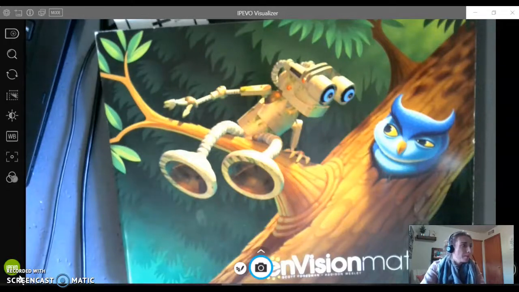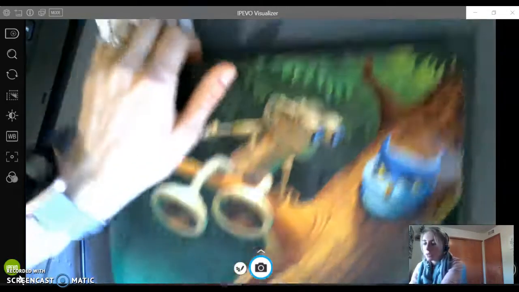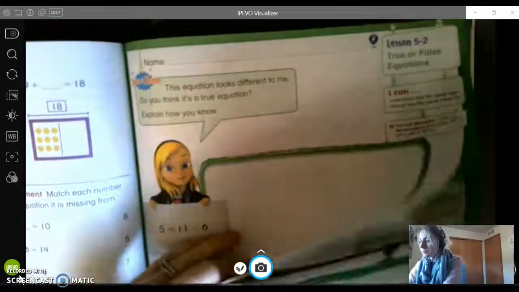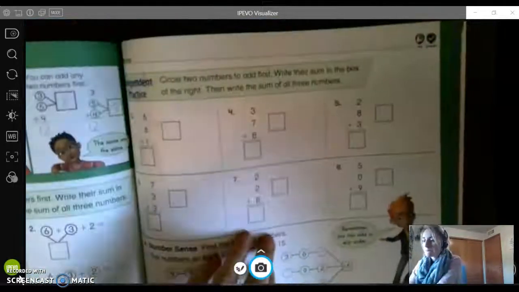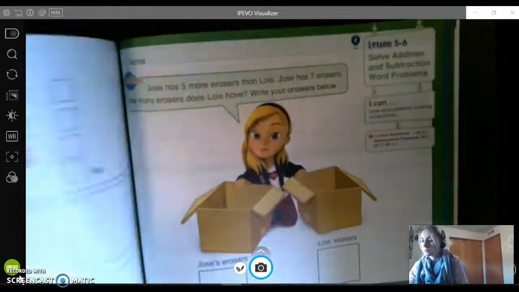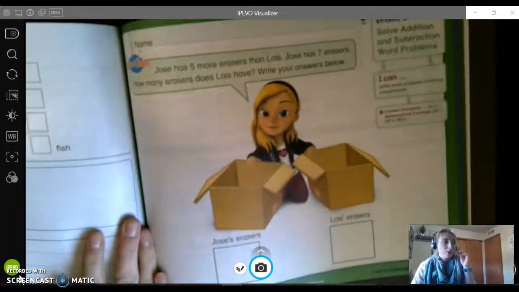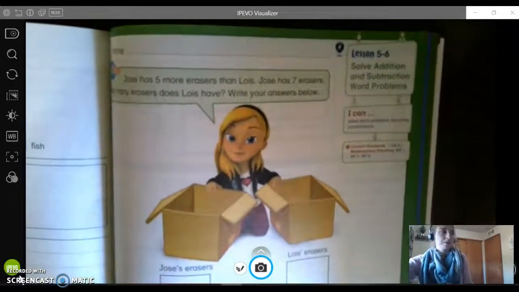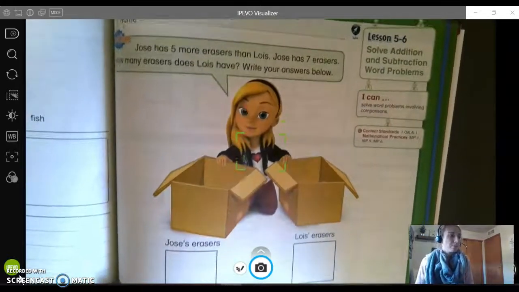So let's open up our math book. We will be on page 329 today. Okie doke. So there's a little girl with boxes.